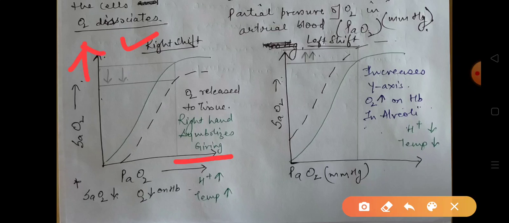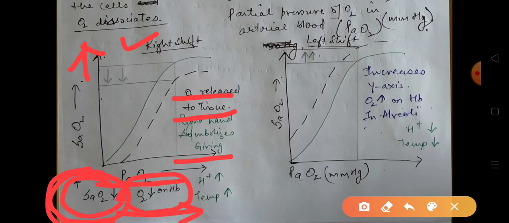That means oxygen is released to the tissues because partial pressure of oxygen in the arteries increases and saturation of oxygen decreases, because saturation of oxygen in the arteries is decreasing as it is supplying the oxygen to the tissues, and oxygen concentration on the hemoglobin is decreasing due to dissociation of the oxygen from the hemoglobin.